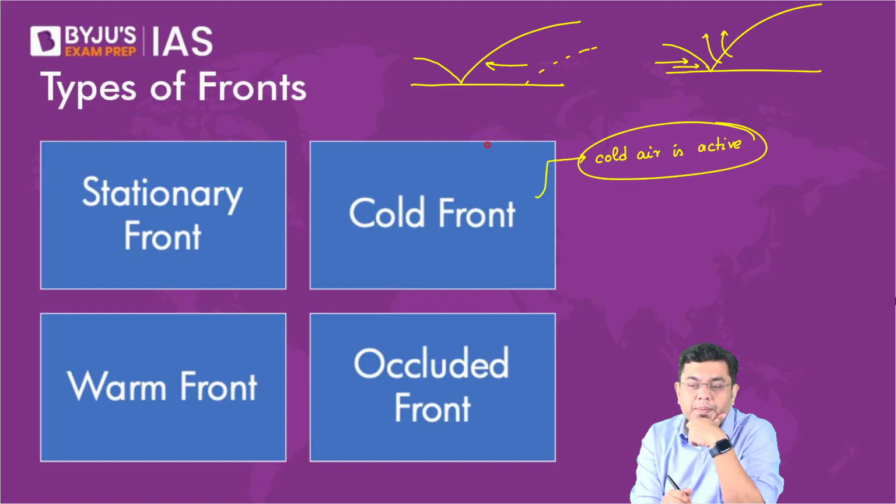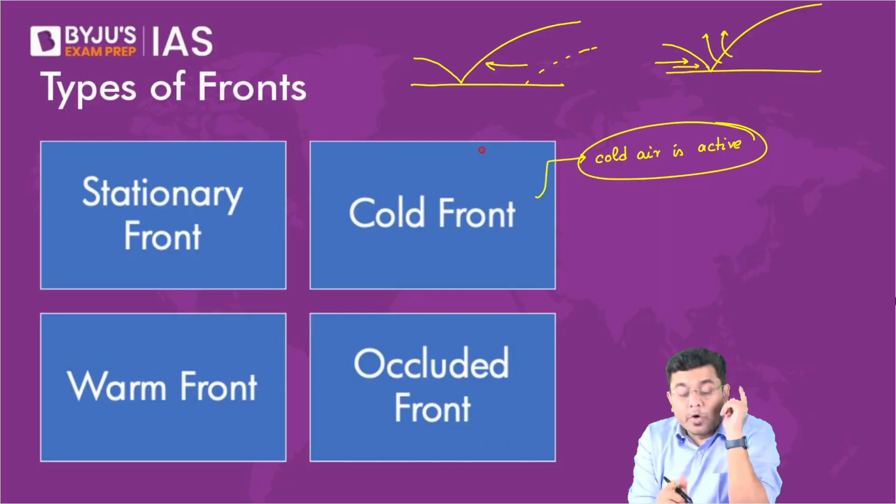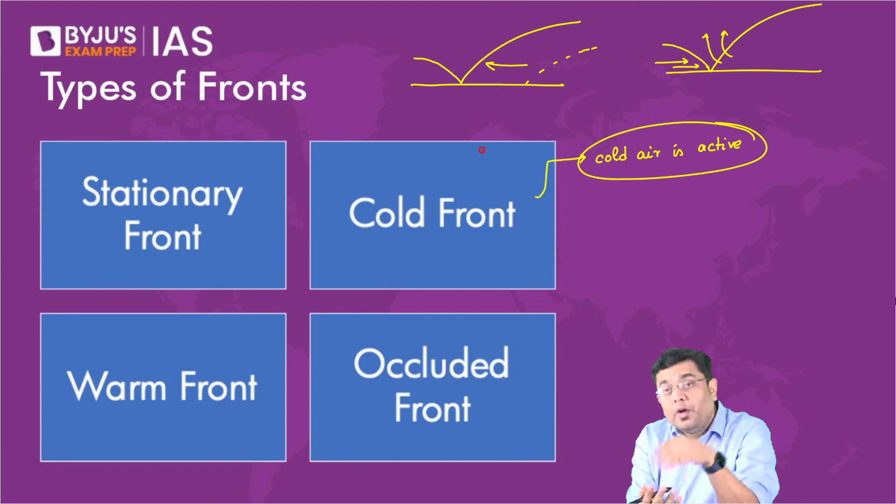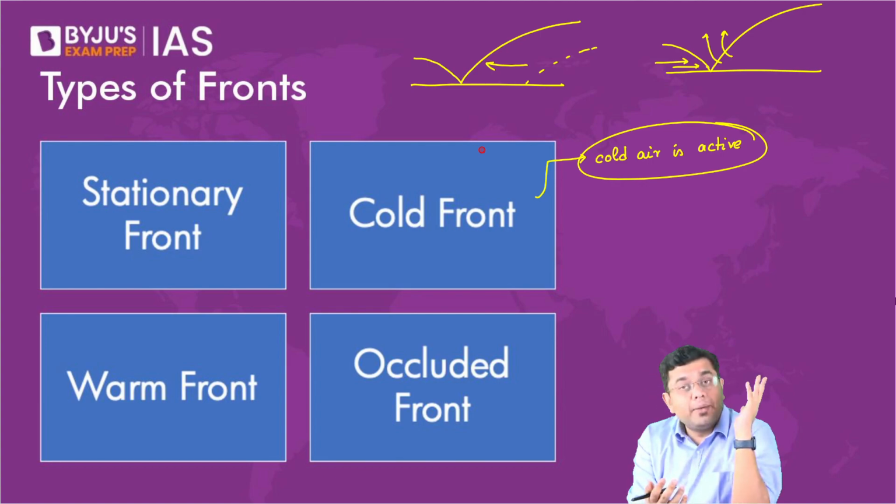What do you think? Warm air rises? Perfect. Why? Because always warm air is lighter, cold air is heavier. So colder air will be sticking to the ground. Warmer air being lighter can be thrown up very easily.